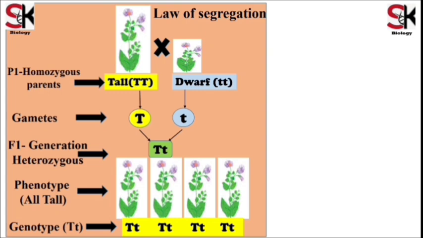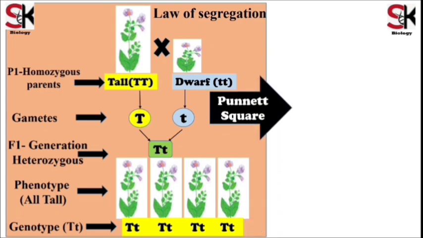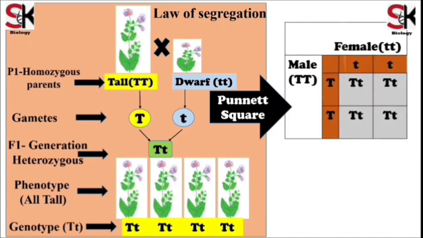These results Mendel confirmed with a Punnett square, in which the recessive parent, shown here as a female, and the dominant parent, shown here as a male, will produce gametes with a single allele. The recessive parent will produce a gamete with the recessive allele and the dominant parent will produce a gamete with the dominant allele.